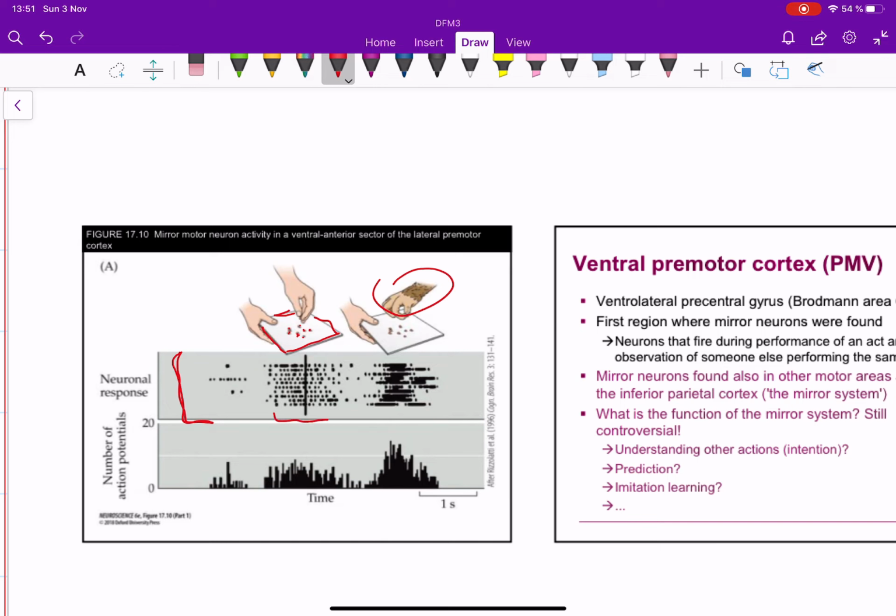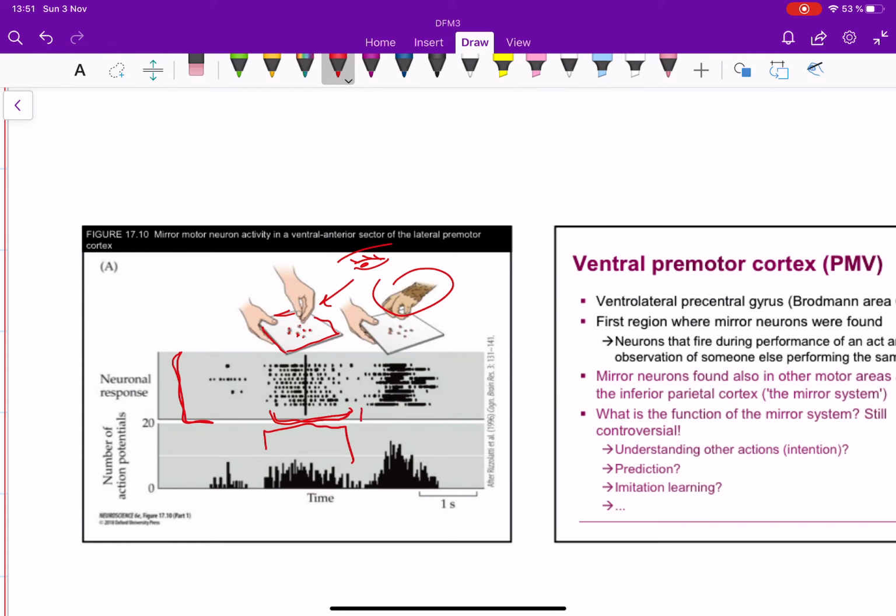We see here that there is a firing of action potentials in the ventral motor area while the monkey is just watching the human picking up. So he's learning, watching. And that's what we call mirror neurons.